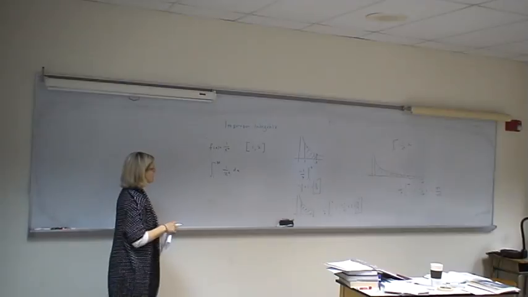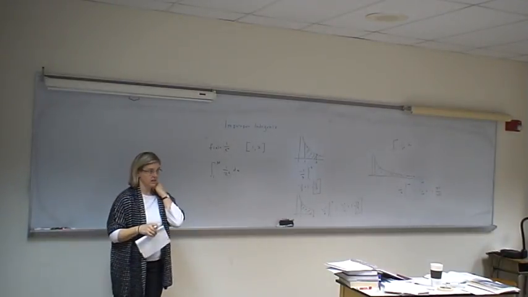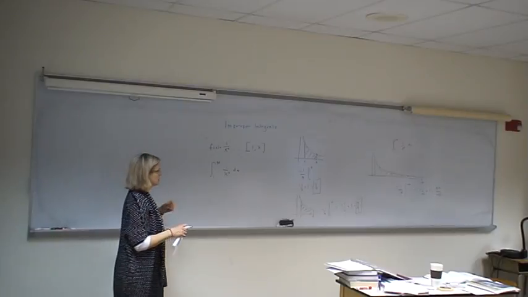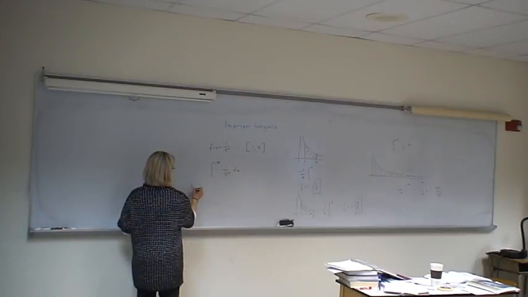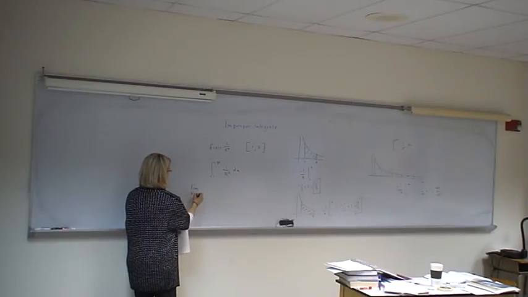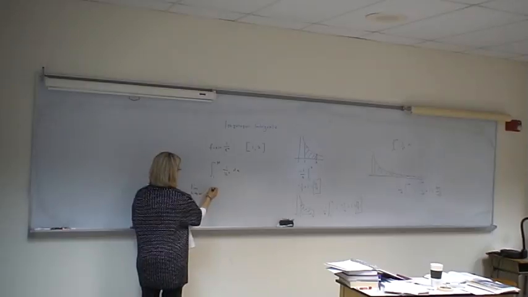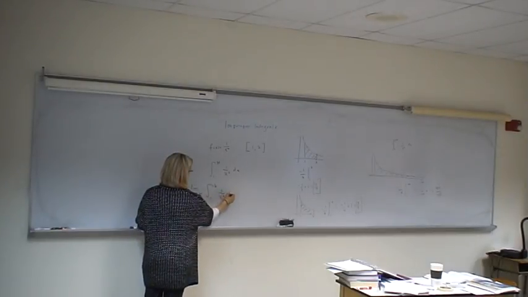Okay. So we can't really actually plug in infinity, so we have to turn this into a limit. Okay? So we're going to say the limit, and we're going to just choose another variable, say b. b goes to infinity of the integral from 1 to b of 1/x² dx.